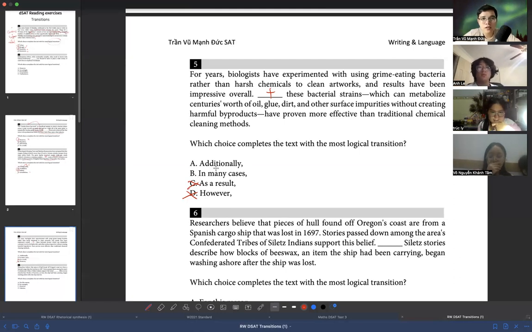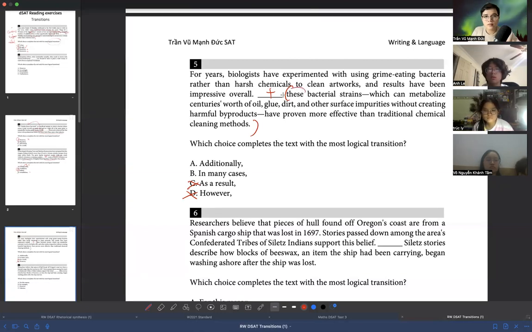So let's see. For years, biologists have experimented with using grime-eating bacteria rather than harsh chemicals. These bacterial strains, which can metabolize this, have proven more effective than traditional chemical cleaning methods. So you can see that the latter part is obviously supporting, but it's making clear the aforementioned information.